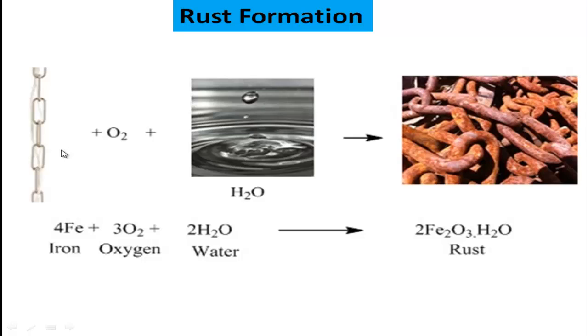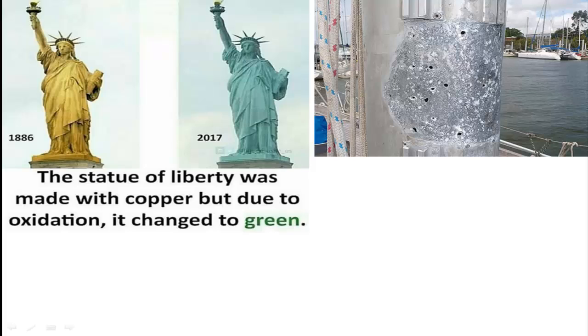And not only iron is rusted, but also other metals such as aluminium. This is aluminium. Aluminium is also rusted when it is kept in open air. Follow here, aluminium is rusted, forming aluminium oxide, that means reacting with atmospheric oxygen. Also another metal, copper, is also rusted.